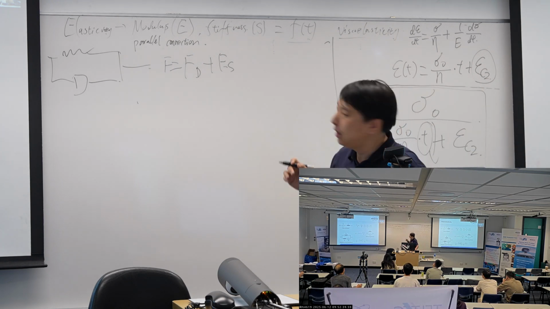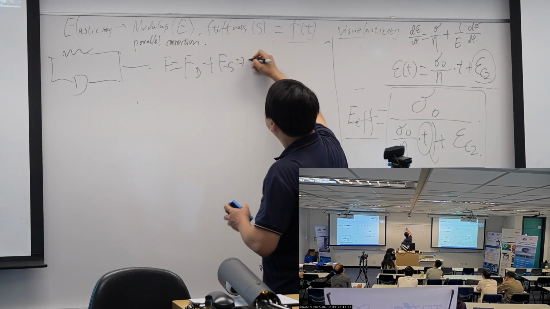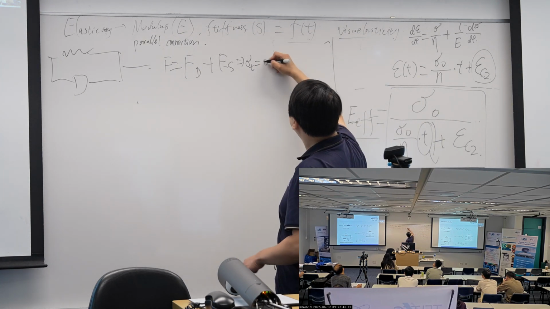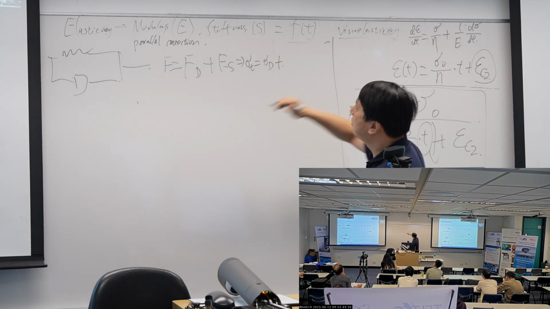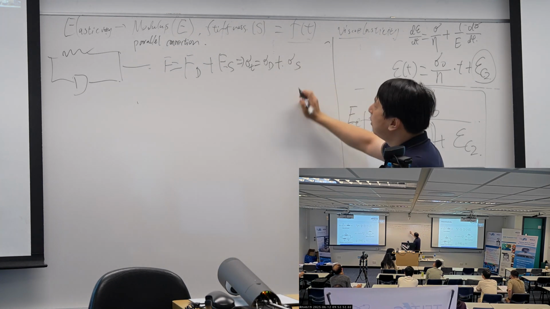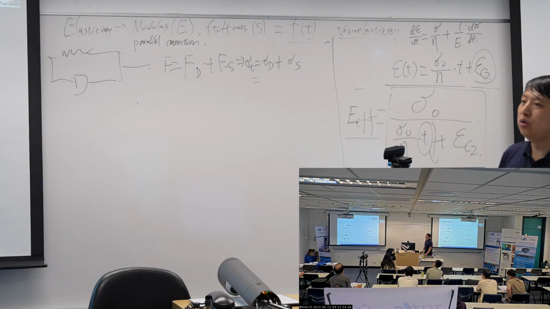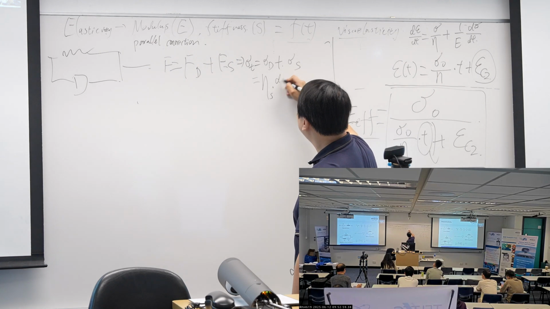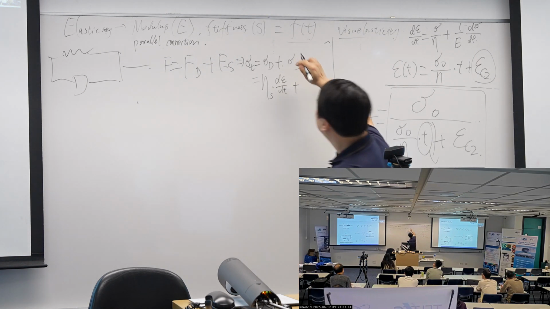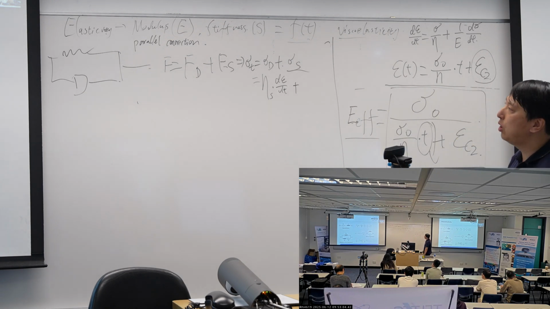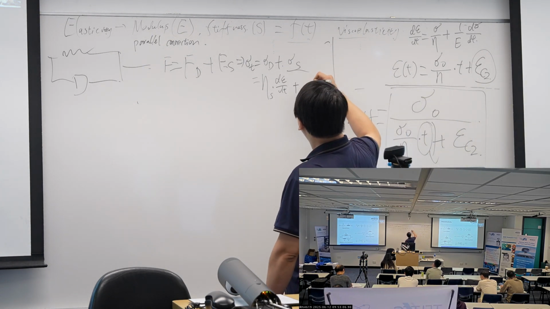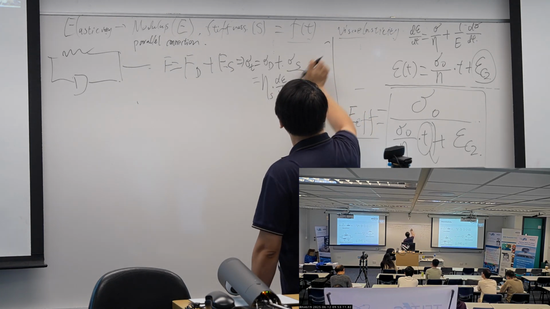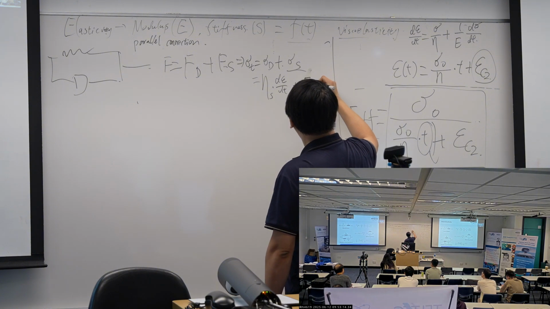So the total sigma is the sigma of the damper plus the sigma of the spring. For the damper, we use Newton's law: eta times d epsilon over dt. For the spring part, we use Hooke's law: modulus times epsilon.